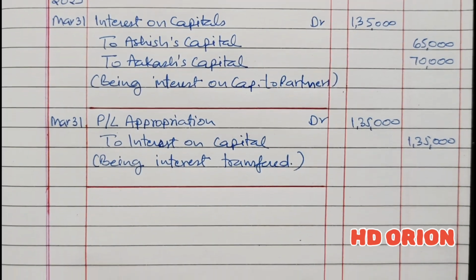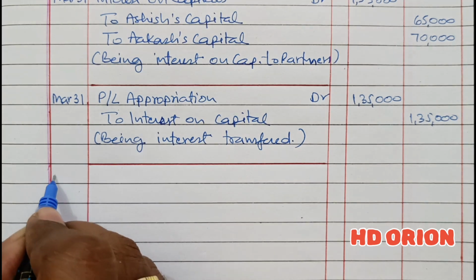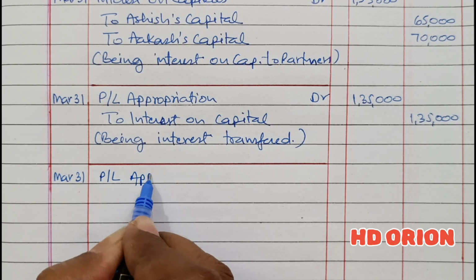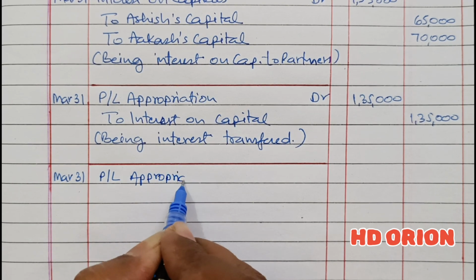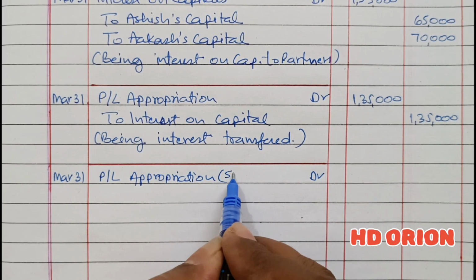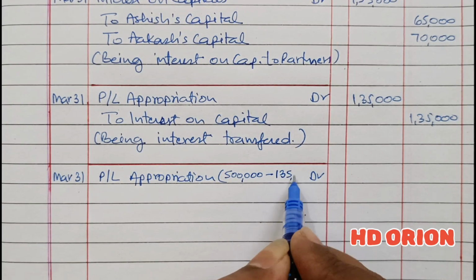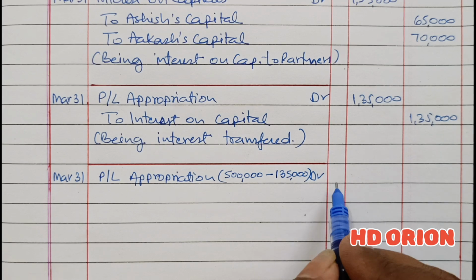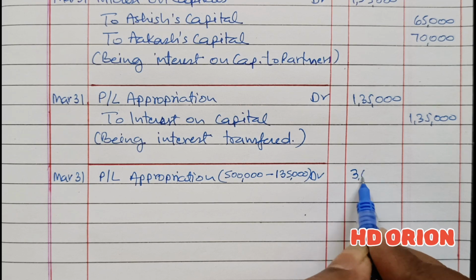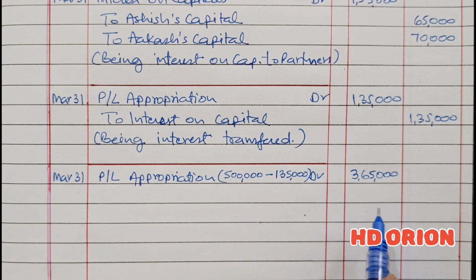Now we will distribute the remaining profit, that is divisible profit, on the same date, that is March 31st. Again, profit and loss appropriation account is debited. With what amount? See, net profit was rupees 5 lakh, and out of this 5 lakh, 1,35,000 has been already given as interest on capital. So the remaining amount, if you subtract here, is 3,65,000. Now this is to be paid to the partners in their profit sharing ratio.